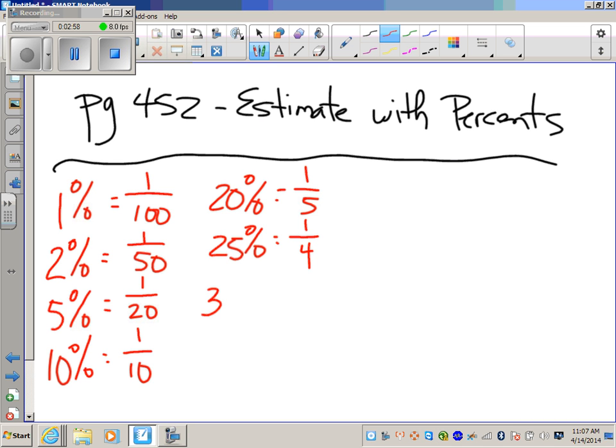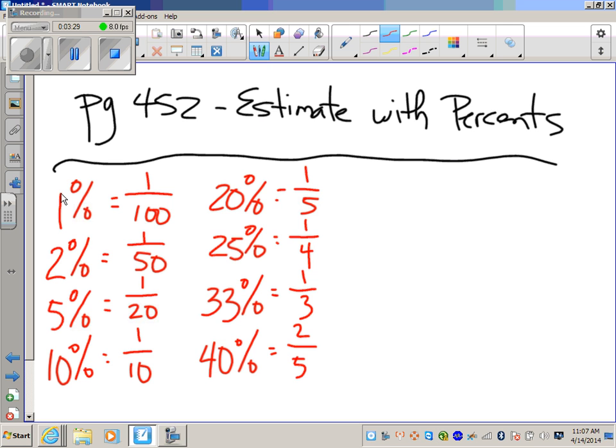Let's go ahead and use 33% instead of 30%, and that's about 1/3. 40%, 40 over 100, 4 over 10, 2/5. It's the first one we see that has a number other than 1 as your numerator, but that's okay, it's not a big deal.